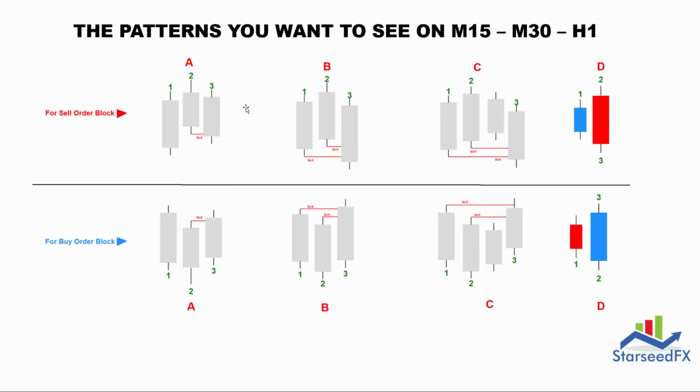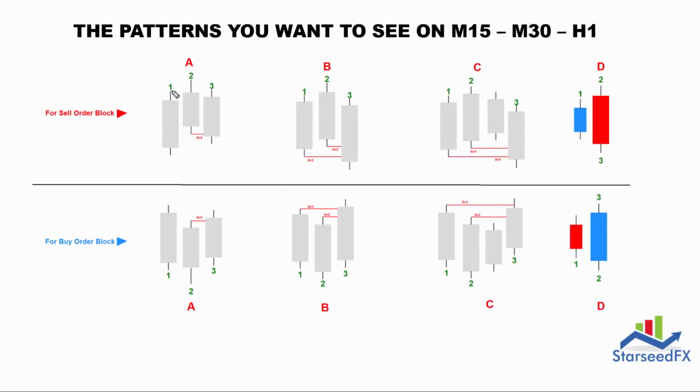I have drawn here 4 types of different patterns, two for sell order block and two for buy order block. Let's focus on the sell order block first. Here you see a pattern and each candle has 1, 2, 3 labels on it. The picture is self-explanatory, but I'll explain it anyway.